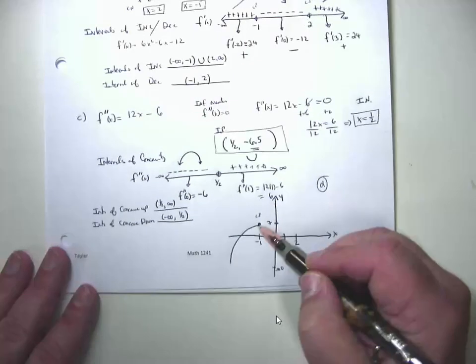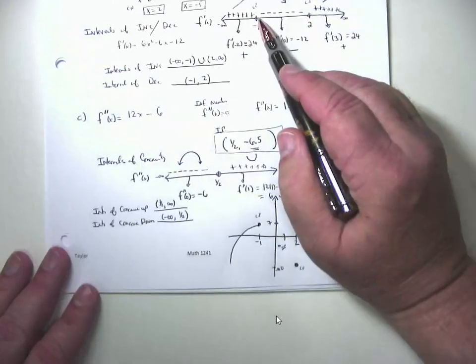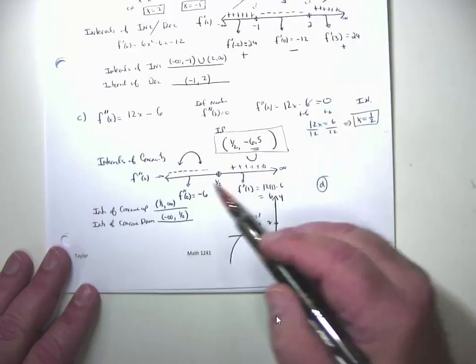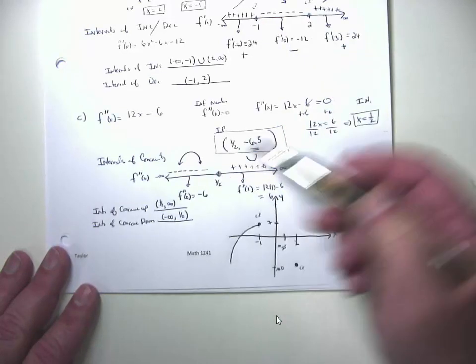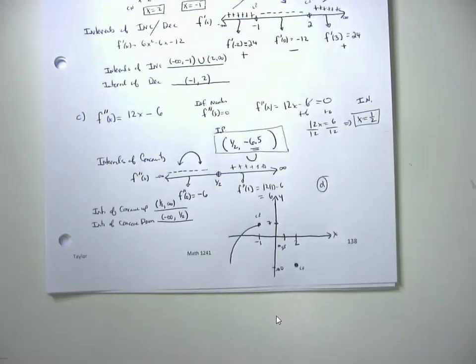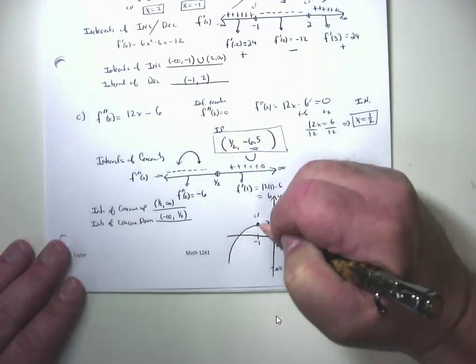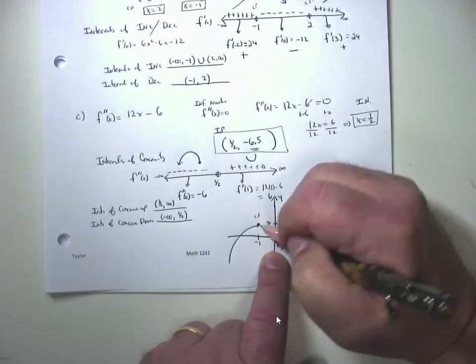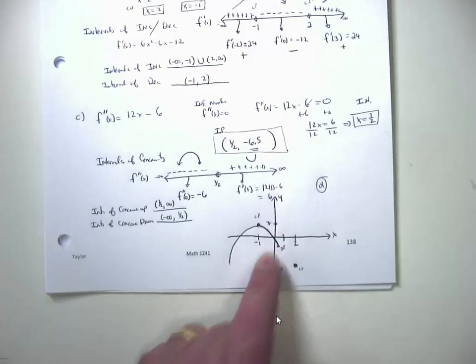It's increasing concave down. Once I hit negative 1, now I've got a decrease. But I'm still concave down until I get a half. Decreasing concave down means I got to go down and be bent downwards. So it looks like that. I'm going down and I'm bent downwards.